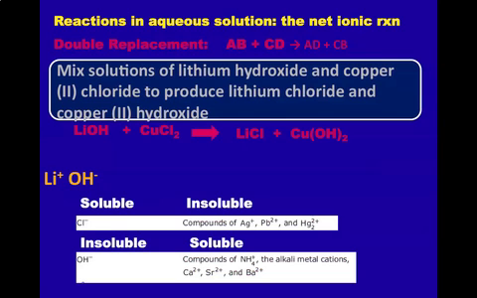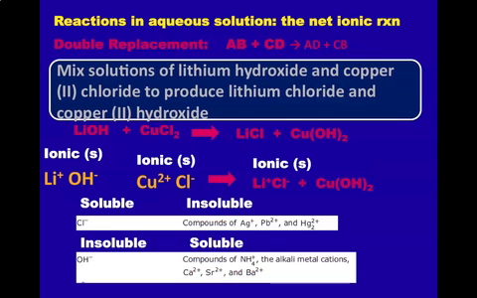So if I look at this again, LiOH. That's an OH, but lithium is an alkali metal, so that is going to be ionic, and it's going to be soluble. Okay, if we look at CuCl, and it should be CuCl2 when we're done, but we're just looking at the combination right now. I know chlorine's soluble unless it's combined with silver, lead, or mercury. Well, this is copper, so this is going to be soluble also.